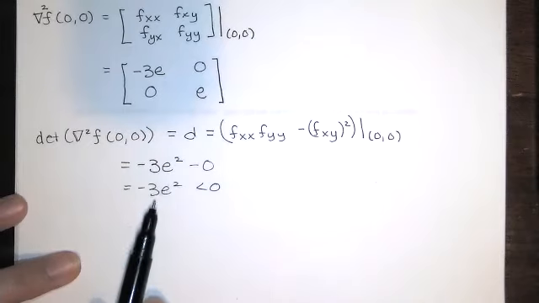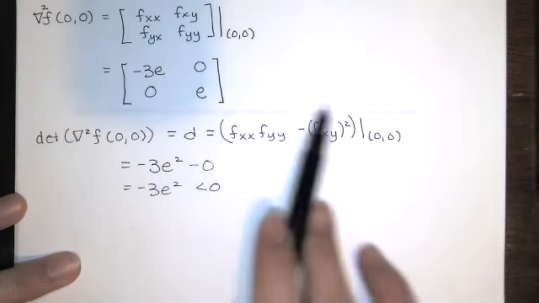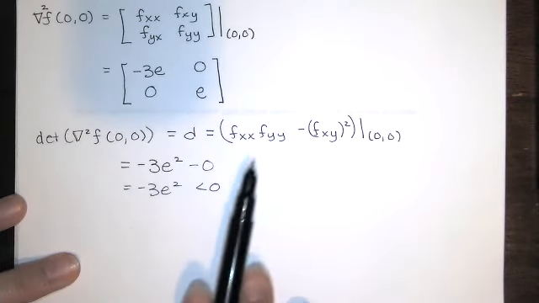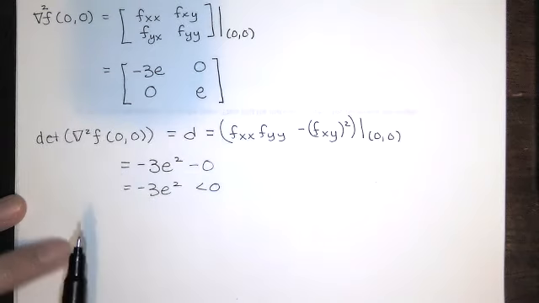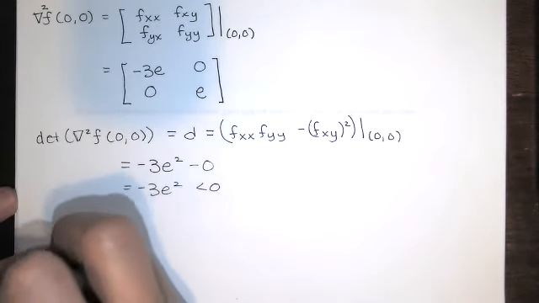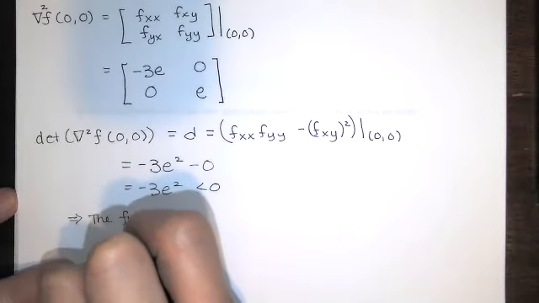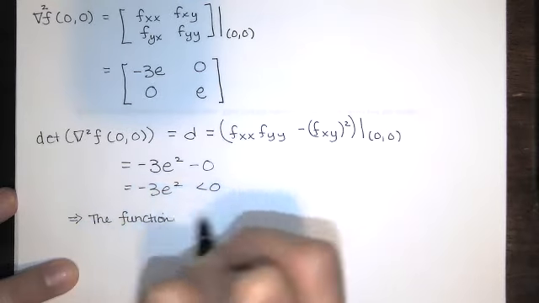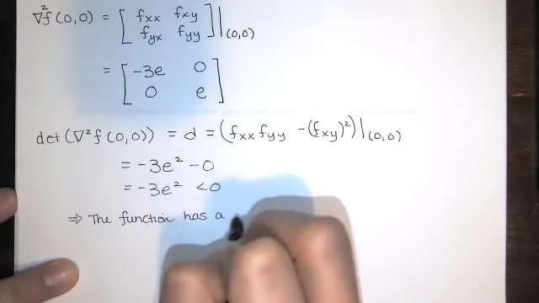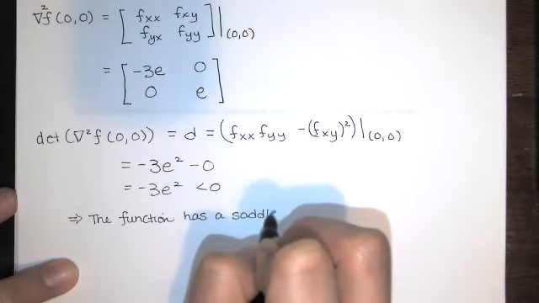Whenever that determinant is negative, or whenever this expression is negative, that means that point corresponds to a saddle point. I'm going to say the function has a saddle point at 0, 0.